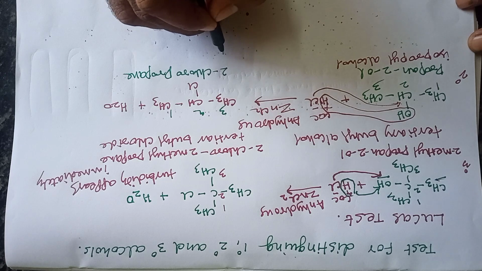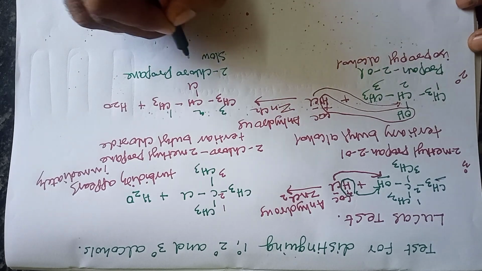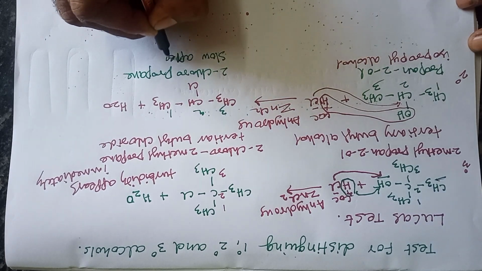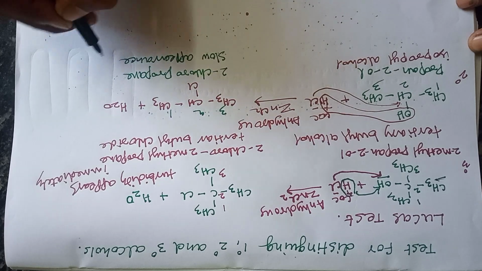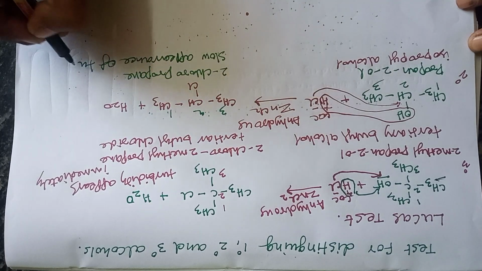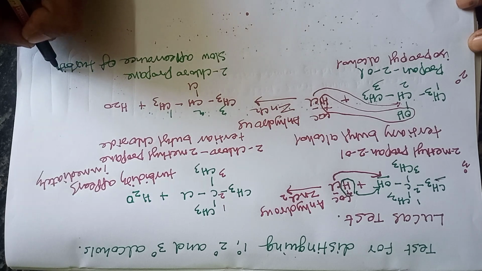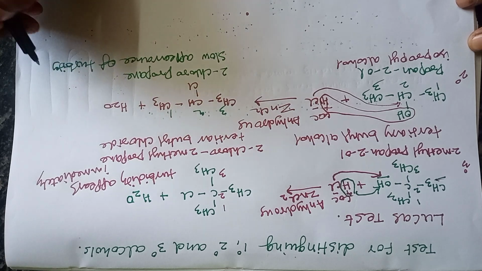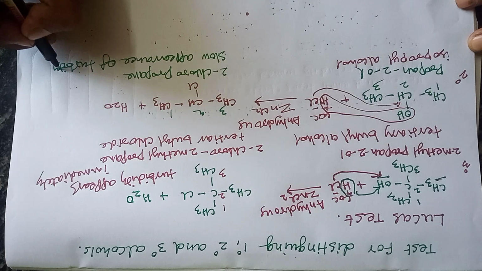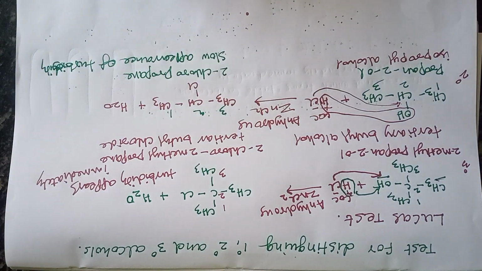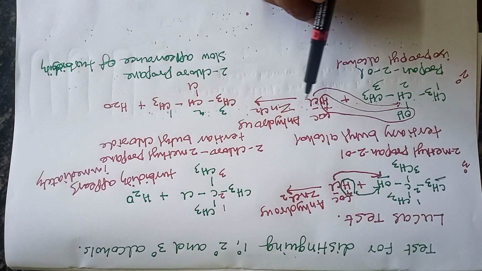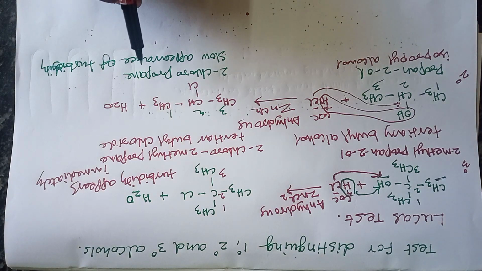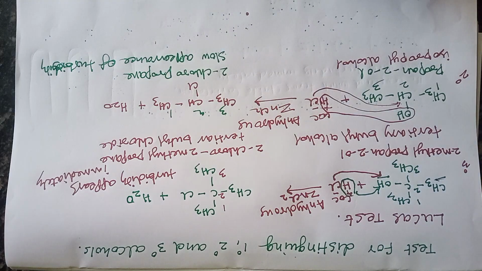So this is a slow appearance of turbidity. Secondary alcohols react with Lucas reagent and give a slow appearance of turbidity. From this we can identify it is a secondary alcohol.